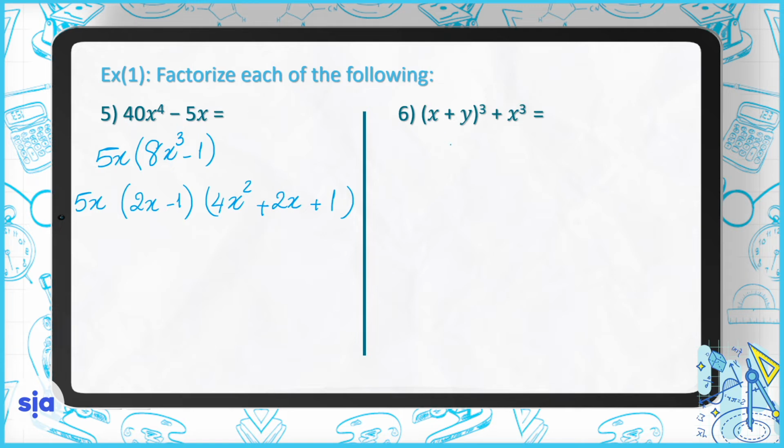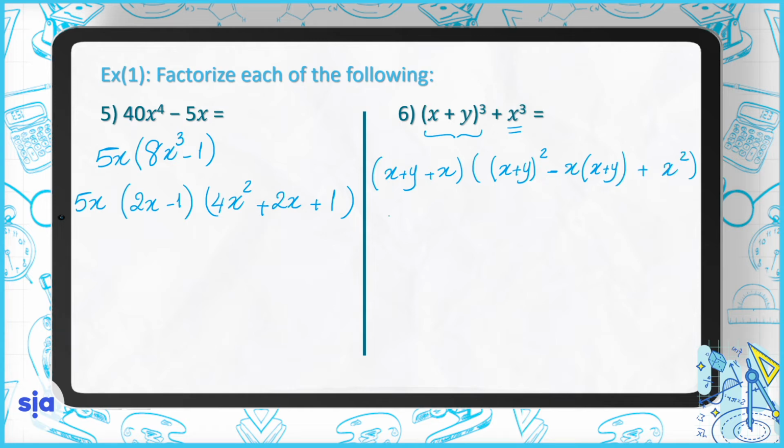Question 6. Here we consider this all as one term. So it will be x plus y plus the cubic root of x squared, which is this one, as x, multiplied by the second bracket. So the first term, which is the x plus y multiplied by itself, change the sign, x multiplied by x plus y plus the x squared.